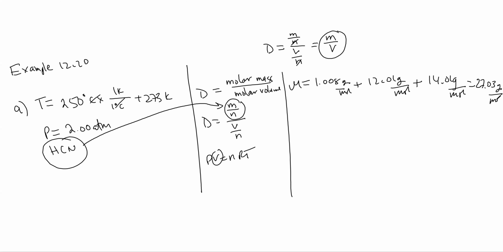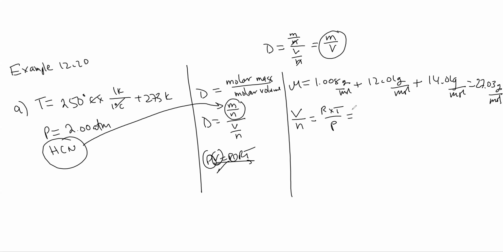Okay, now the next thing I can do, the way I always wanted to solve this problem, is V over N, which is the molar volume. From the ideal gas law equation, it's nothing but R times T over the pressure. All I did was bring this one down, cross multiplying.